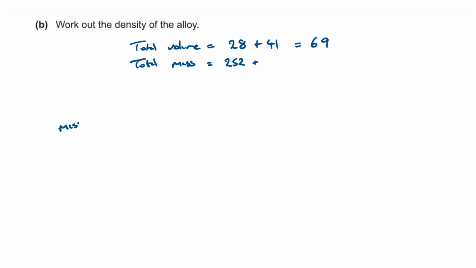So mass of the gold, remember it was density times volume, wasn't it? So the density of the gold times the volume of the gold. So 19 lots of 41. That comes out to be 19 times 41. That's 779.